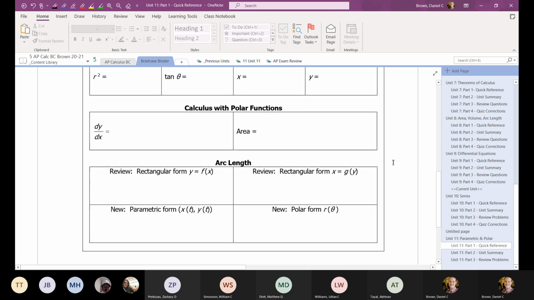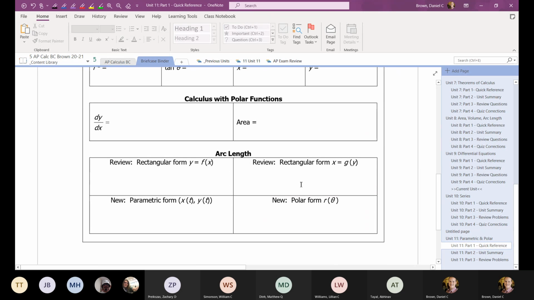Arc length in rectangular form and parametric form is on the AP exam. But arc length in polar form, which I originally thought I had to teach, is not on the AP exam, so you don't need to worry about filling in that box on your quick reference. It's just in the formula, but not on the AP exam, so we're not going to worry about it.